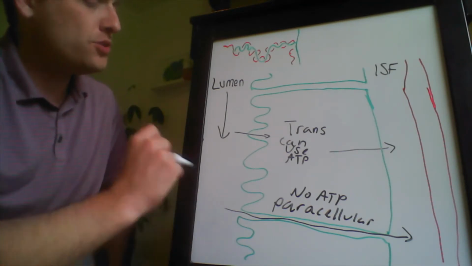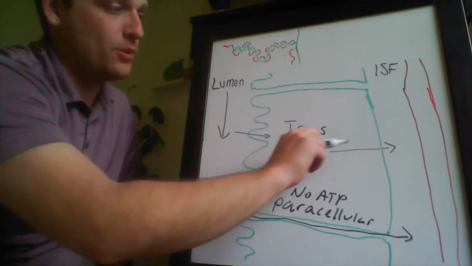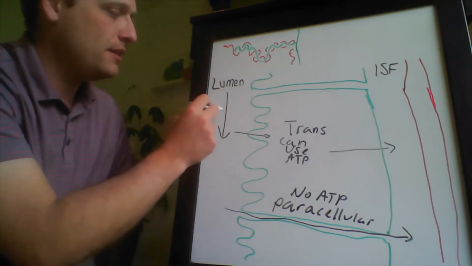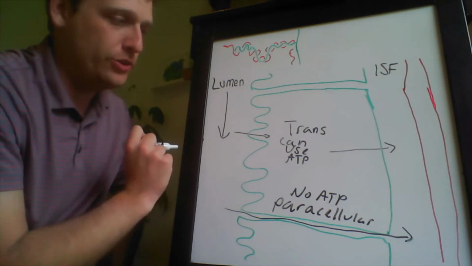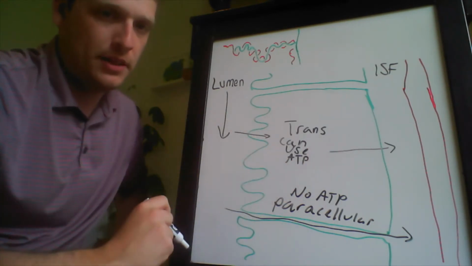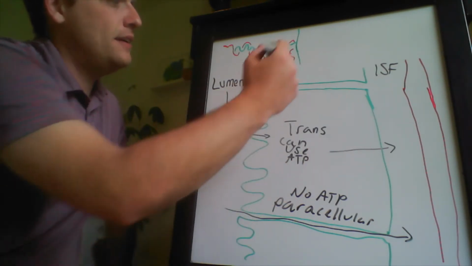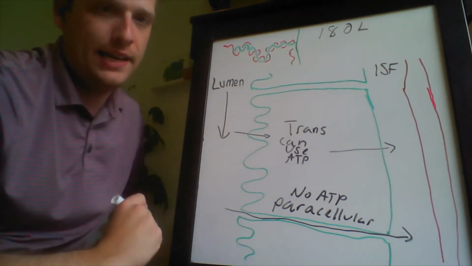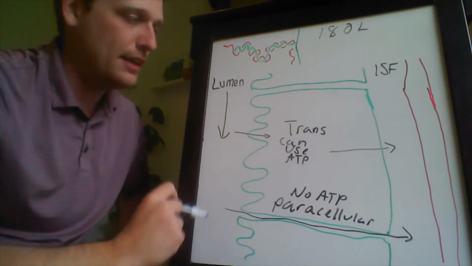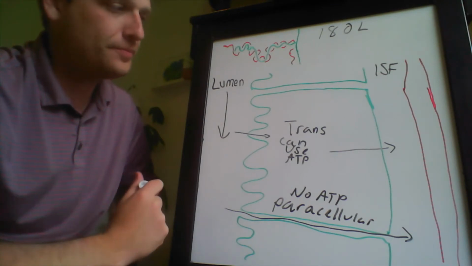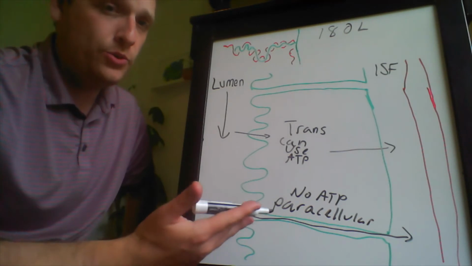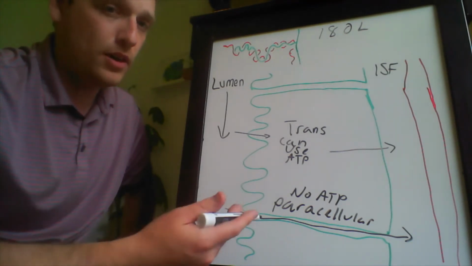So those are the two types of transport that can lead to reabsorption of a substance, meaning a substance made it into the filtrate, but it's going to go back to the blood. And your body makes about 180 liters of filtrate every single day. So obviously we don't lose 180 liters of water every day.